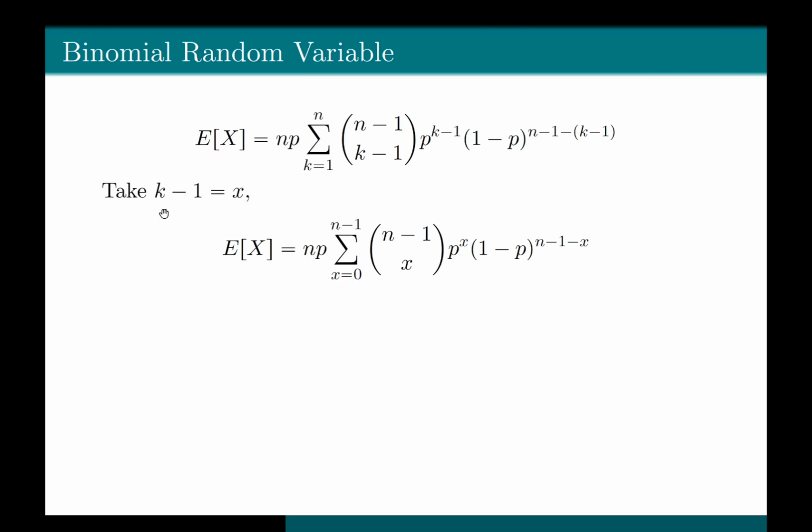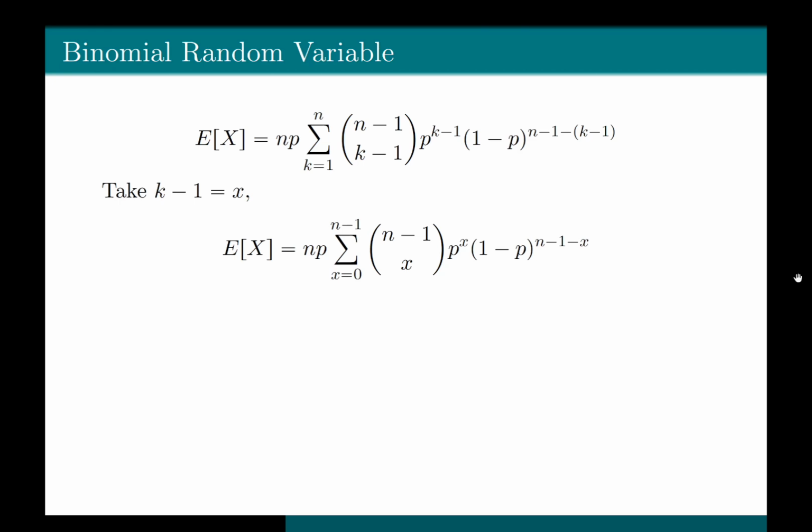If you put k equals 1 here, the lower limit of x would be 1 minus 1, that is equals to 0. And the upper limit of x would become n minus 1, because the upper limit of k is equal to n, and x equals k minus 1. So if you put k equals n, you will get the upper limit of x, which is n minus 1.